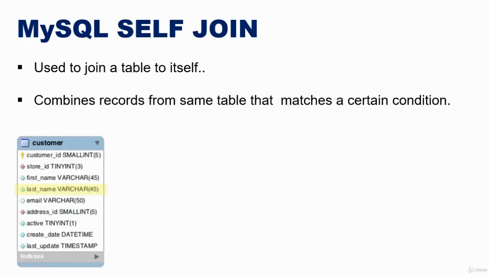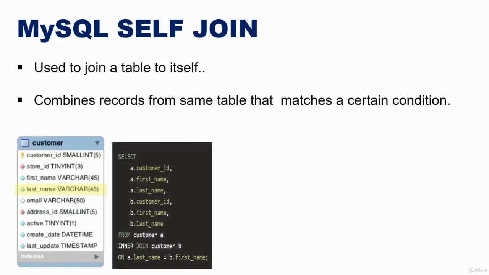So let's see how we represent that. You can represent that with an inner join like this, where you select the various fields from the same table. Notice here, because I'm using data from the same table, I'm using aliases.